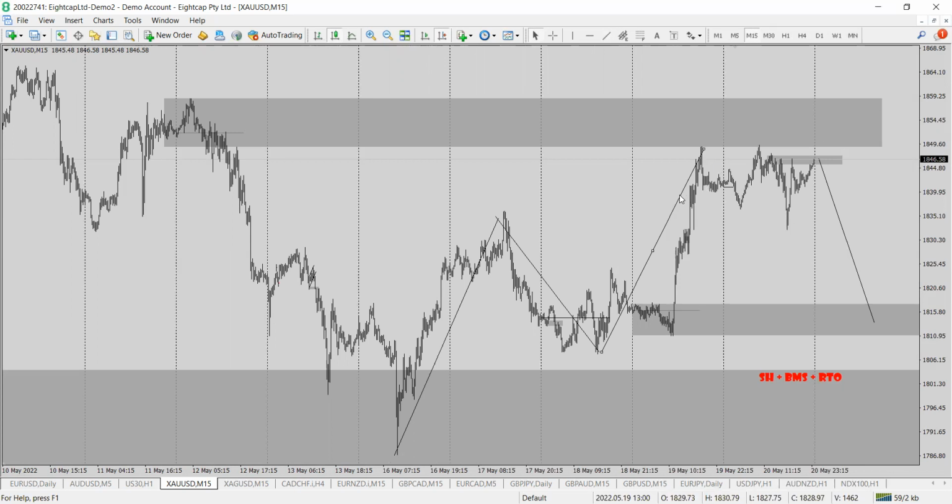Or internally, we have an internal structural wave here. That's Elliott wave 2, Elliott wave 3, Elliott wave 4, and finally we have 5 here. That's why I said price will likely come down, but I don't know.